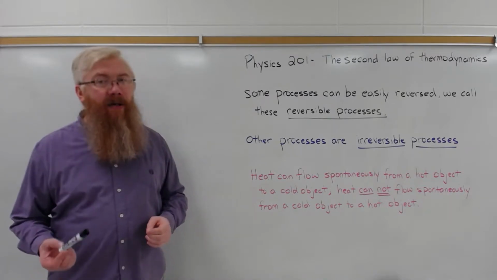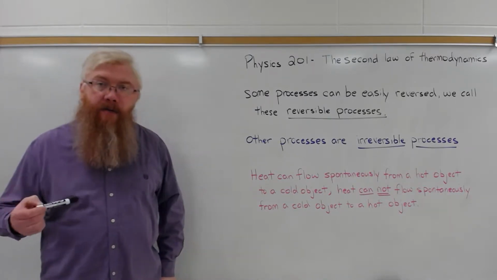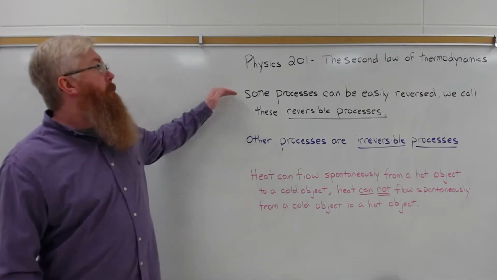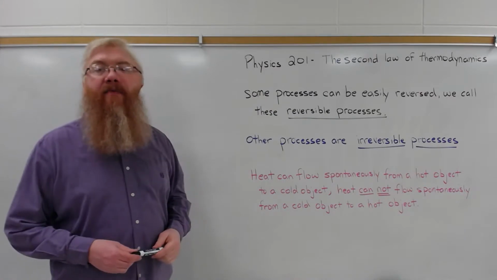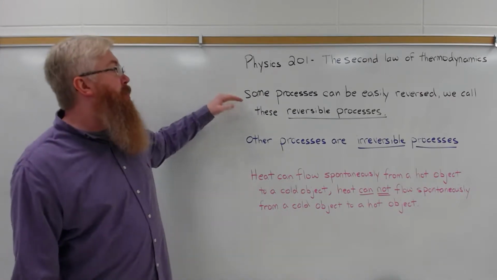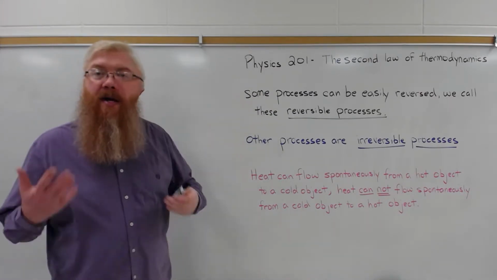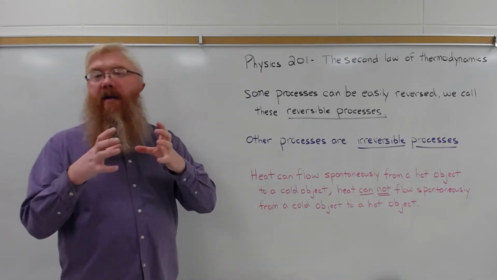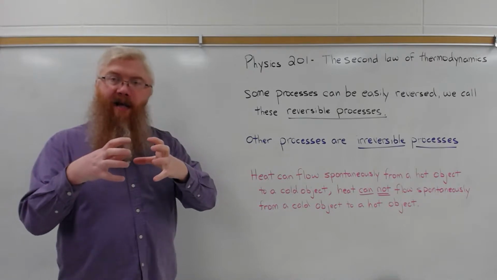Well, it turns out that energy and heat usually only go in one direction. So we have to learn about reversible and irreversible processes. A reversible process is just a process by which you can easily reverse the situation. Imagine taking an inflated balloon and squeezing it slightly.